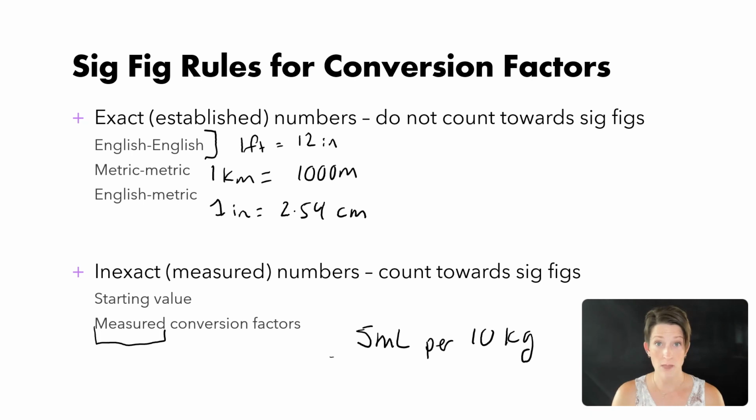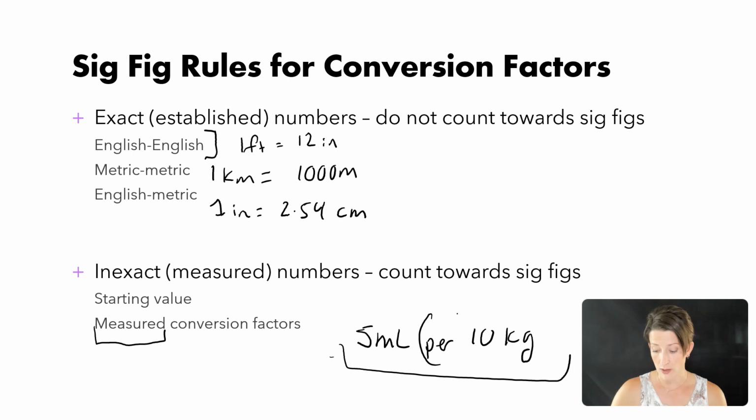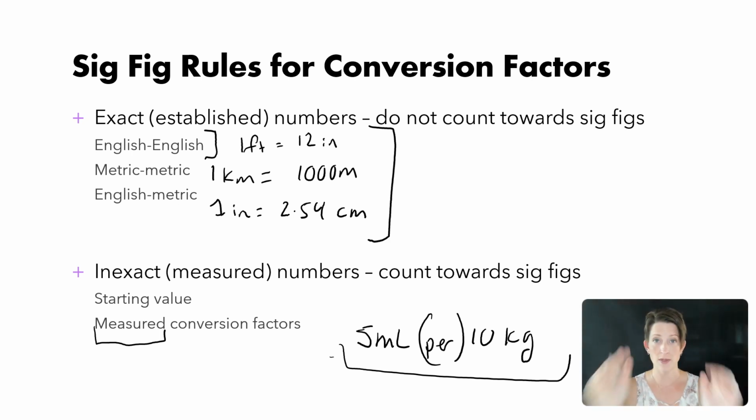That's going to change depending on the medicine in which you're going to dose. Therefore, this would be a measured conversion factor. What we're typically looking for is this per. That per tells us we've measured something. When we have our established conversion factors, we tend to put those in parentheses at the end of the word problem.